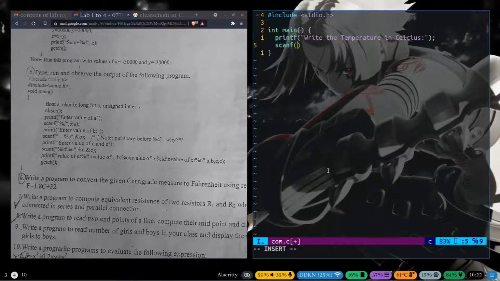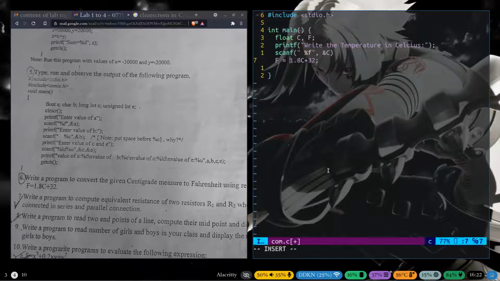It should scanf it in float, right? Float C and float F. Float F is equal to 1.8 C plus 32.